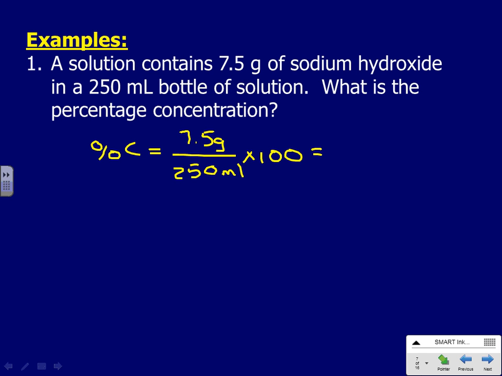We got 3%? Is it exactly 3%? 3, and we could go to two significant digits on this one. 3.0% W/V. The W/V is telling the person who wants to use that percentage as a conversion factor what units that you used in calculating it. So it is important. It's part of the unit. Nothing earth-shattering there.